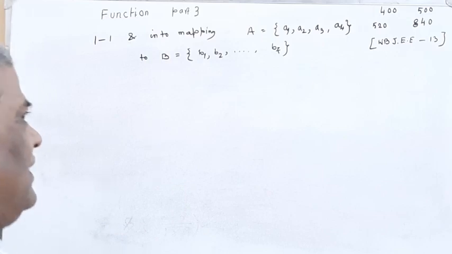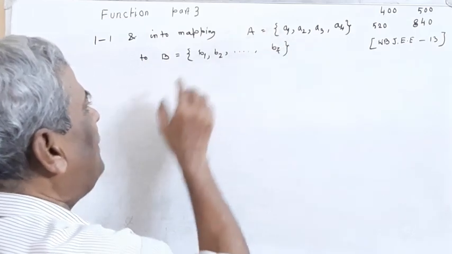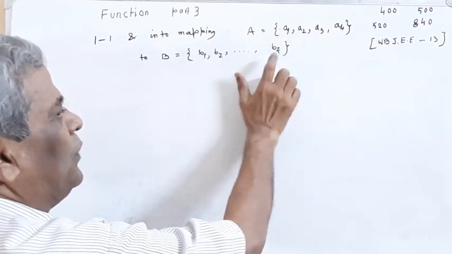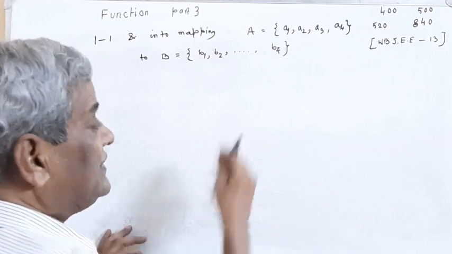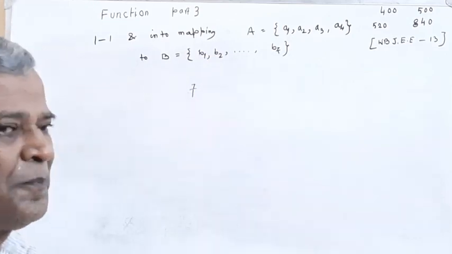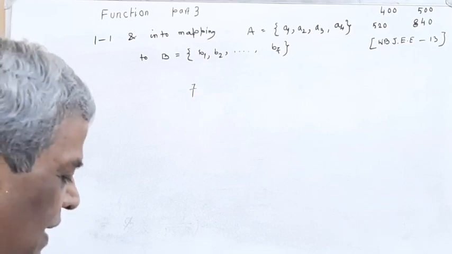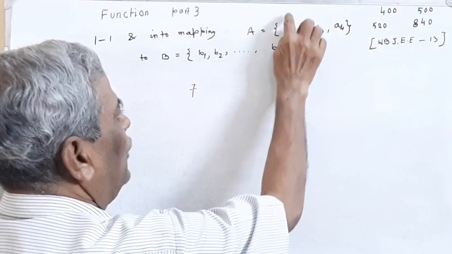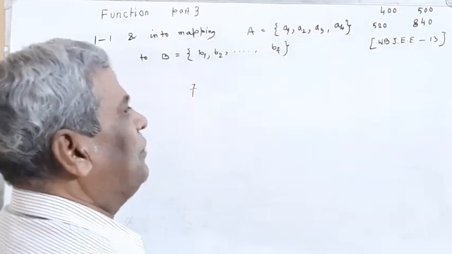So, suppose A1 is mapped, it can be mapped to either B1 or B2 or up to B7. So, the first element A1 can be mapped 7 ways. Because it is one-one, 1 is engaged for A1, 6 are left.